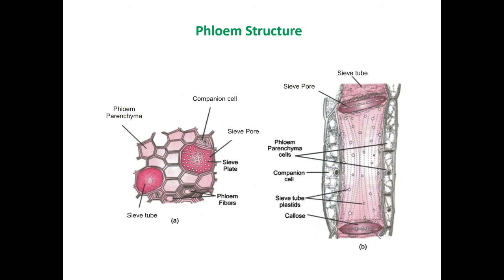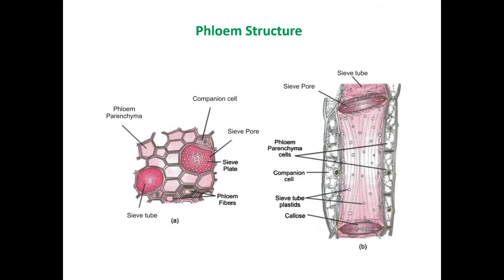You can clearly see the sieve plates here. Either they may be transversely arranged or they may be obliquely arranged. And these sieve plates have sieve pores. Both the sieve plates and sieve pores are lined with callose, which is nothing but a polymer of glucose.